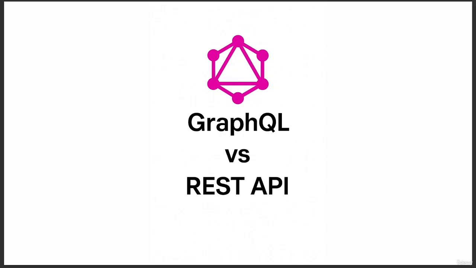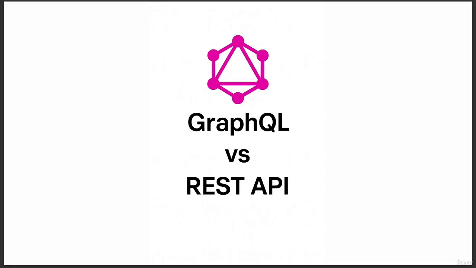Second difference: overfetching and underfetching. With REST, it's common to either overfetch, get more data than needed, like getting full user details when you only need their name, or underfetch, not getting enough data, so you have to make another request. GraphQL fixes this by letting the client shape the response.